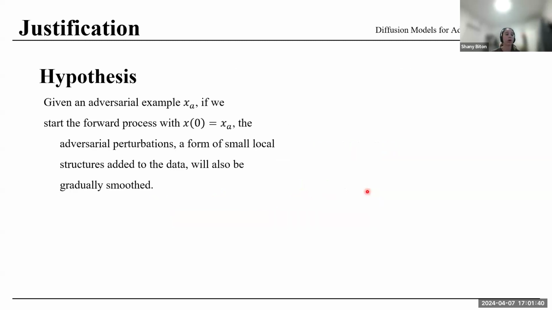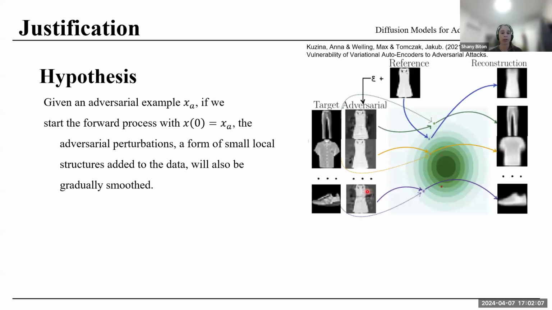So why should using diffusion methods for adversarial purification work? The hypothesis is that given an adversarial example, XA, if we start the forward process with X0 equals XA, the adversarial perturbation added to the data will also be gradually smoothened. What I want to show is maybe an intuitive explanation of why this should work.